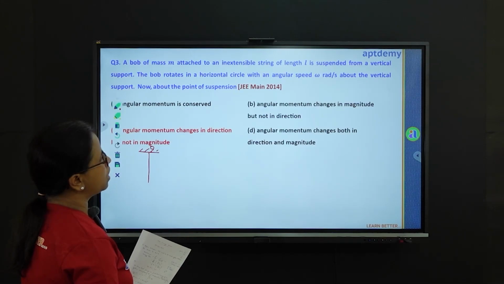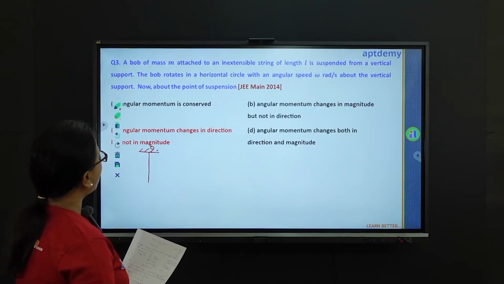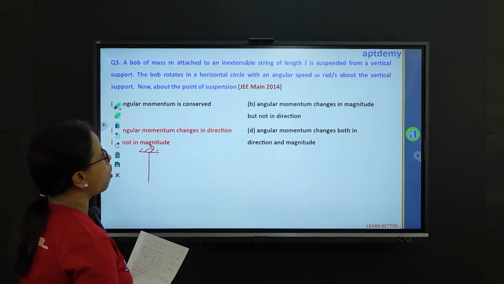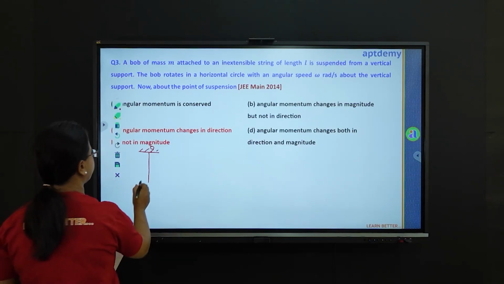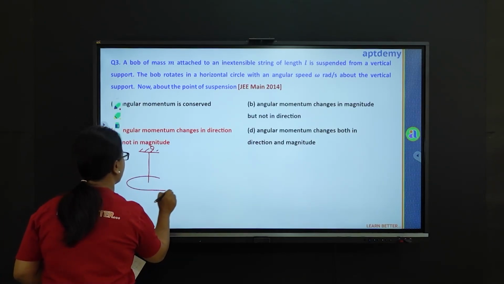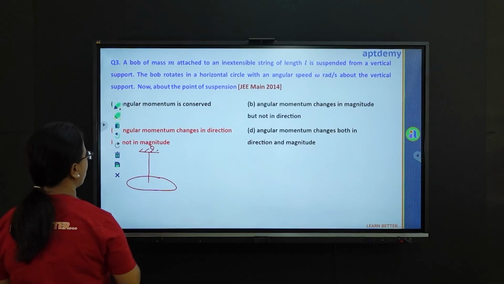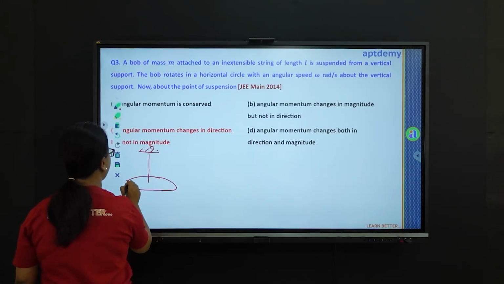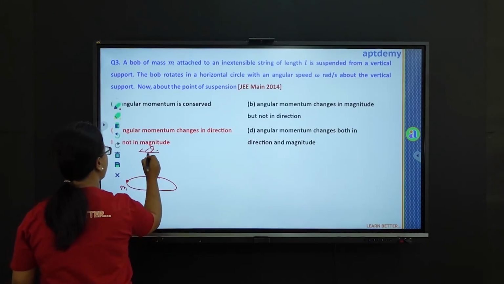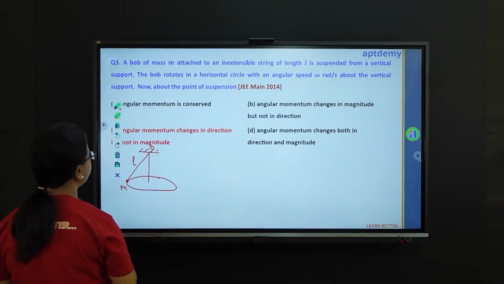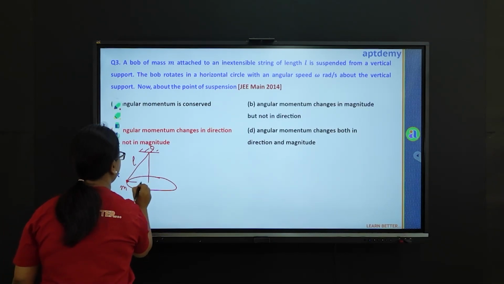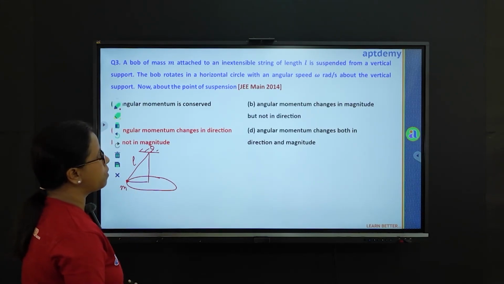The length of the string is little l and the bob rotates in a horizontal circle. So this is the horizontal circle in which the bob rotates. Let's have the mass of the bob as m. The length of the string here is little l. Now, the angular velocity is omega.